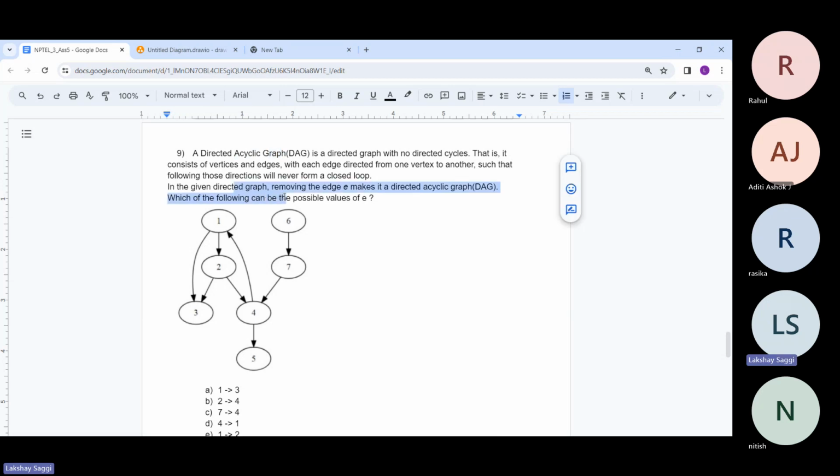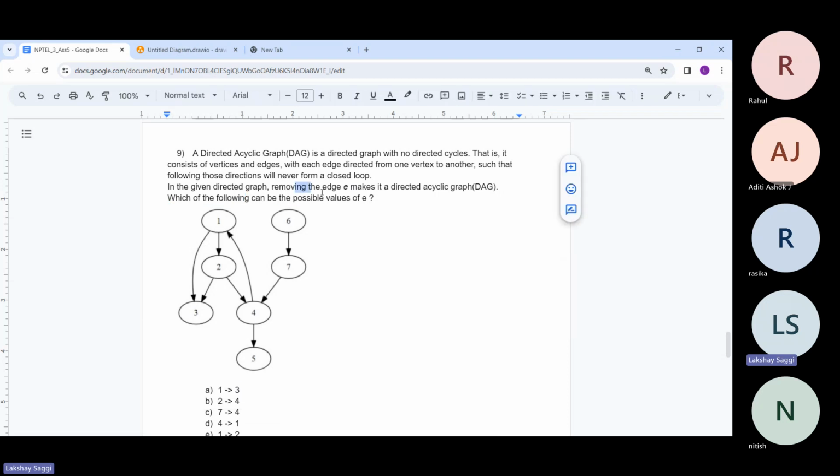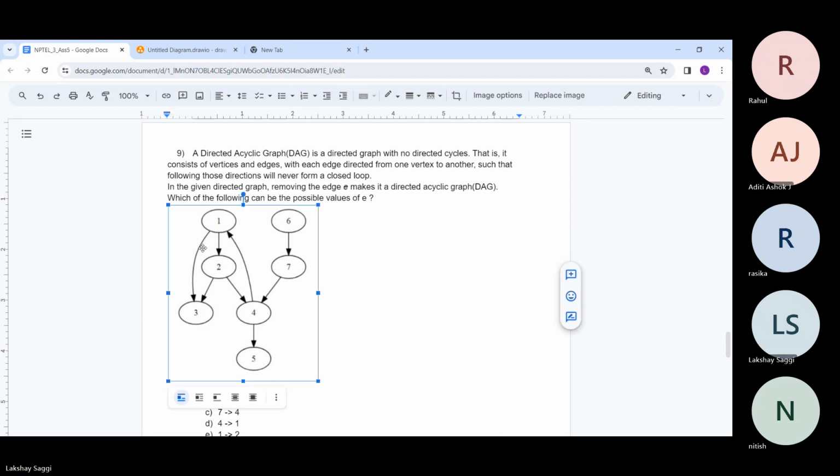So we are given a directed graph in the figure, and removing the edge E makes it a directed acyclic graph. The problem asks which of the following can be possible values of E. Essentially, we are given a graph and the problem asks which of the edges can be deleted.